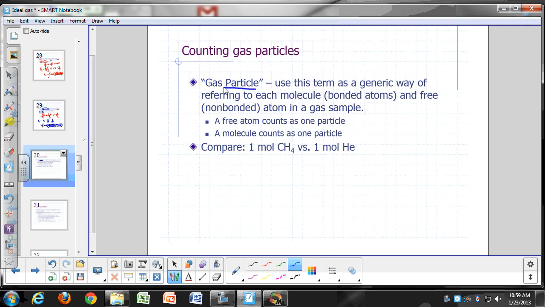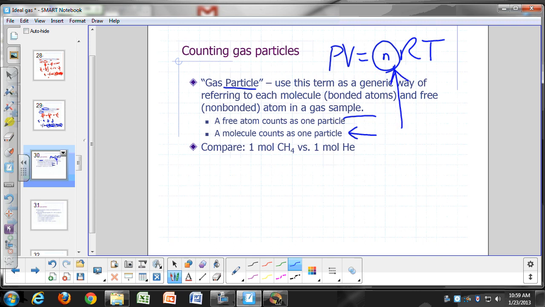In your equation PV equals nRT, that n actually represents the moles of gas particles. So as far as counting gas particles is concerned, a molecule counts the same as an unbonded atom. A free atom counts as one particle, and a molecule counts as one particle as far as that n is concerned in your ideal gas equation.